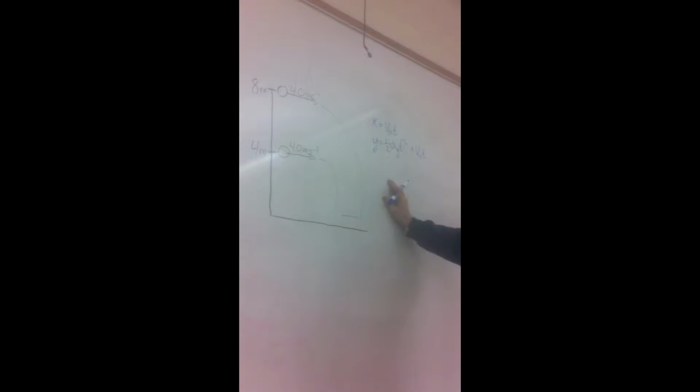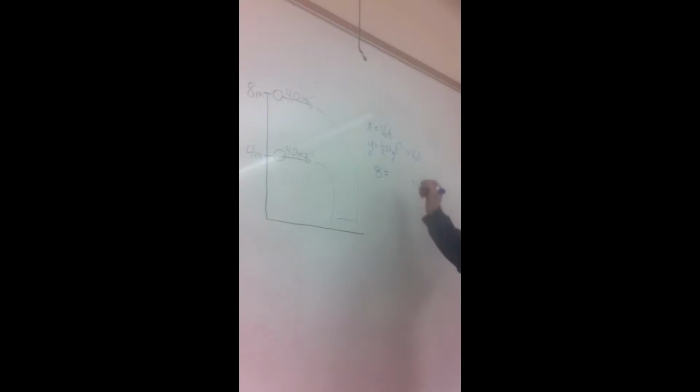To find their x displacement, first we need to know the time. So to solve that, we'll use this formula. Plugging in values, we have 8 equals 1/2 times acceleration due to gravity times time squared plus initial velocity times time.